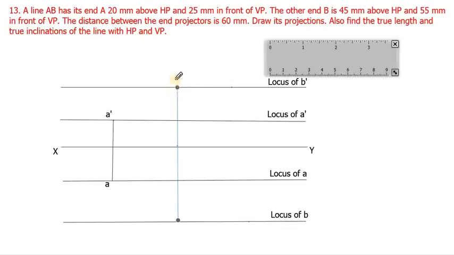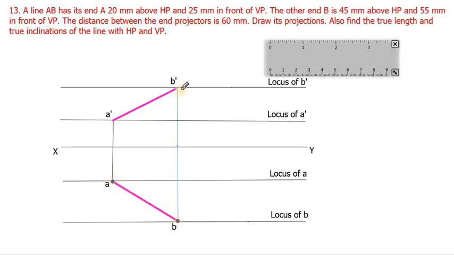This point will be B dash and this point will be B. Okay. So join A dash and B dash to form the front view. This can be drawn using an HB pencil since it is the front view. So A dash B dash gives the front view. Similarly, join A and B to form the top view.